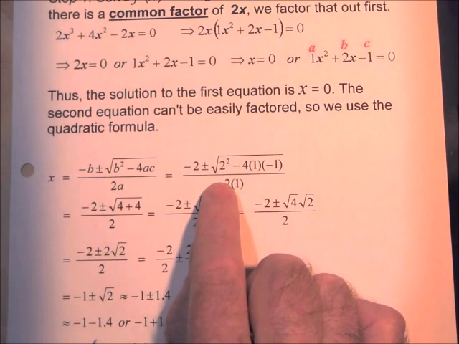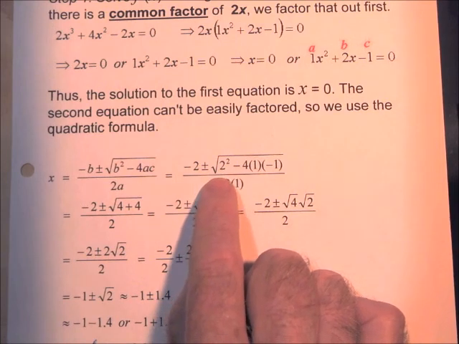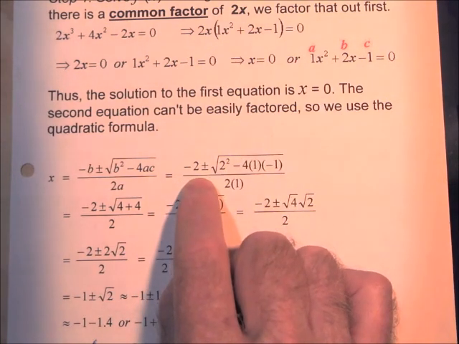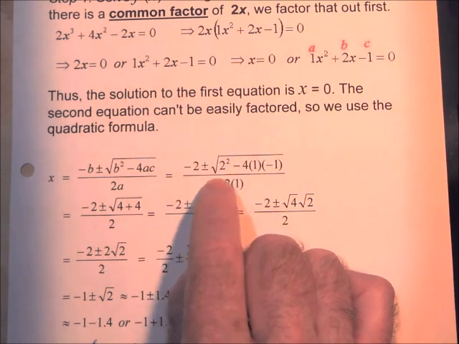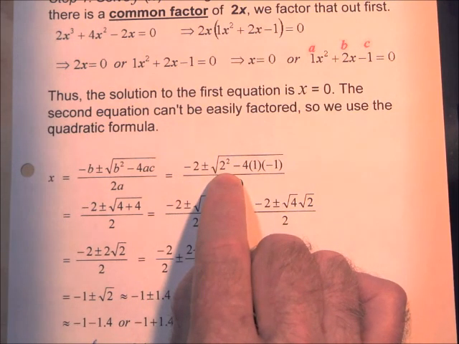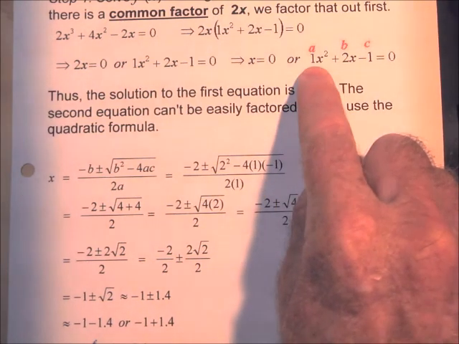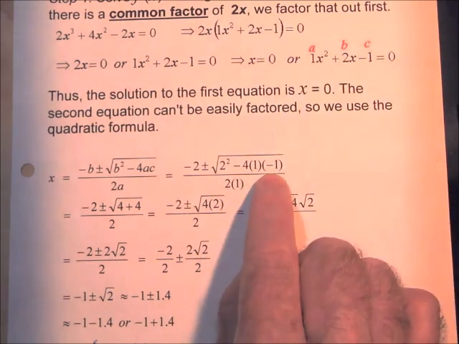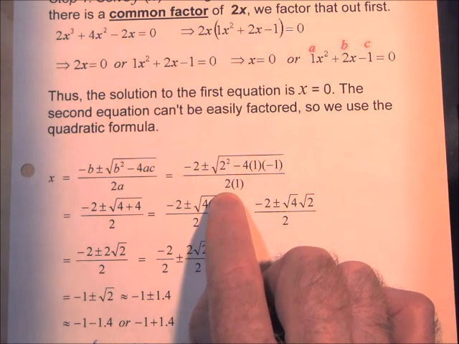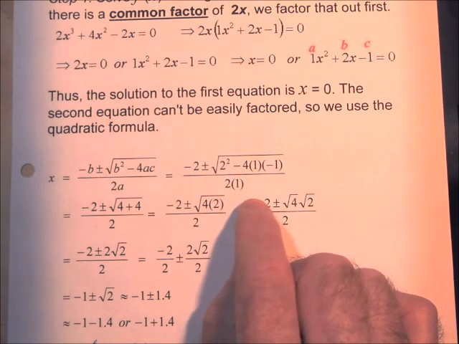Replacing the letters with the numbers, b is 2, so this is minus 2 plus or minus the square root of 2 squared minus 4 times 1 times negative 1, and on the denominator we have 2 times 1.